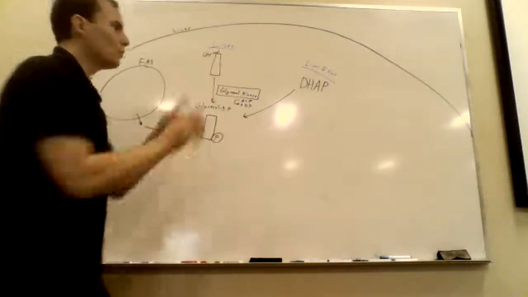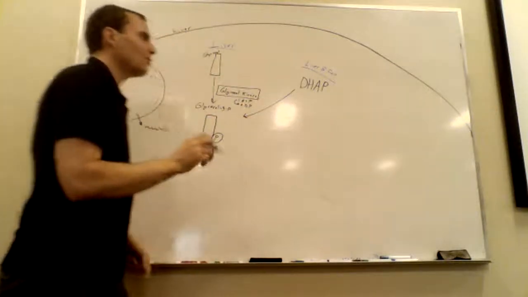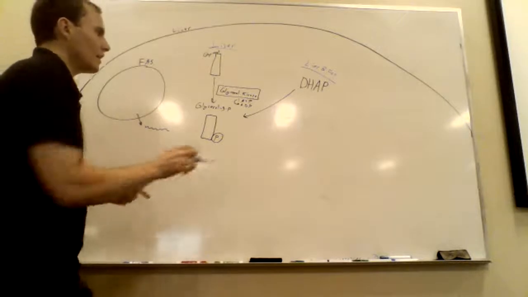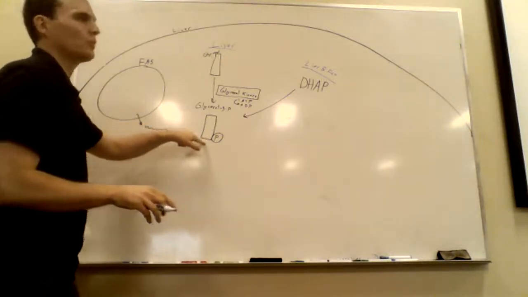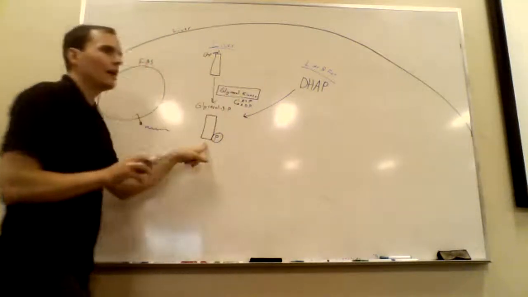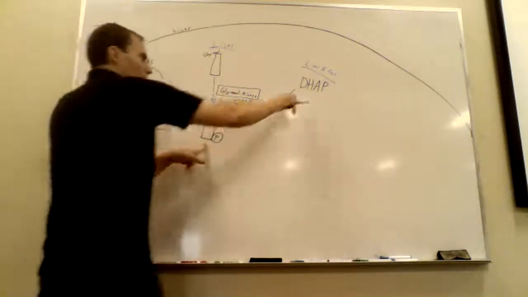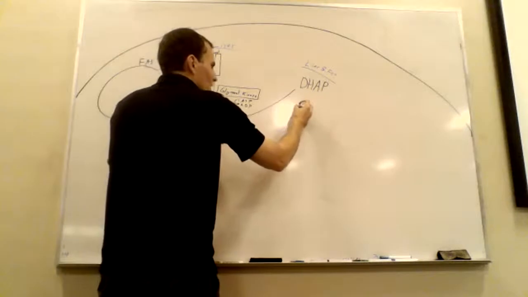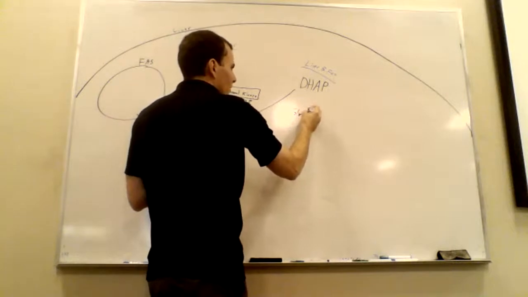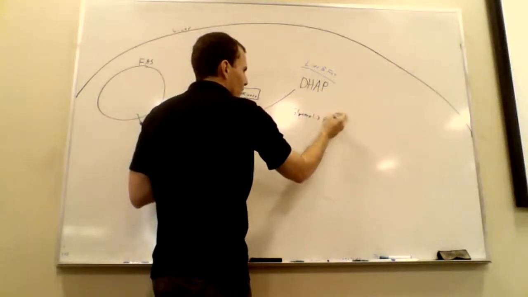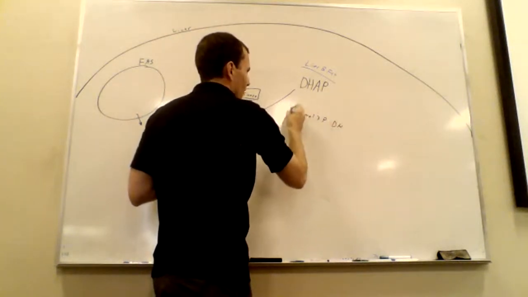In this case, though, you can borrow this DHAP out of glycolysis if the liver wants to make more TAGs. It'll just steal that away. You don't make it into pyruvate. You take it and you do glycerol 3-phosphate dehydrogenase.